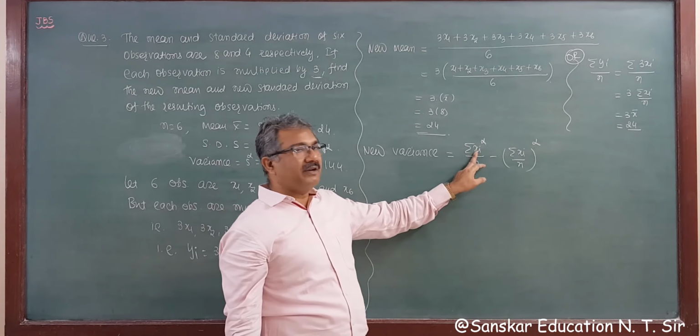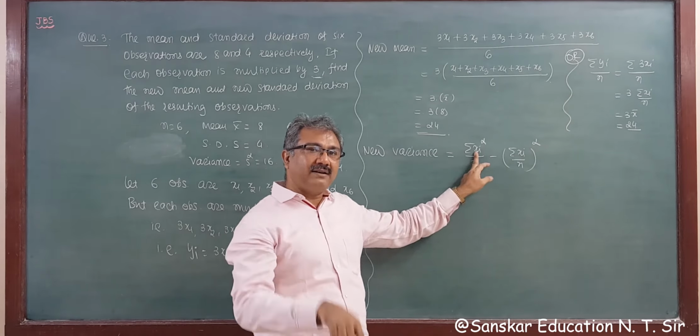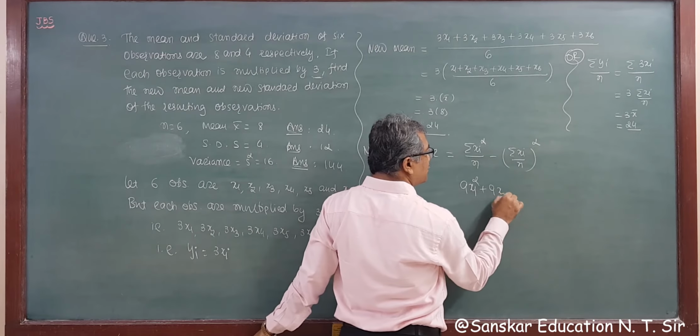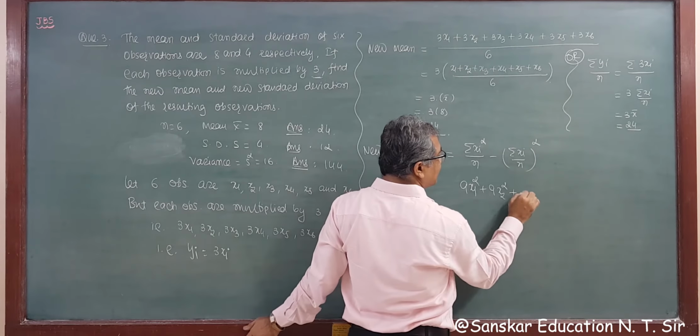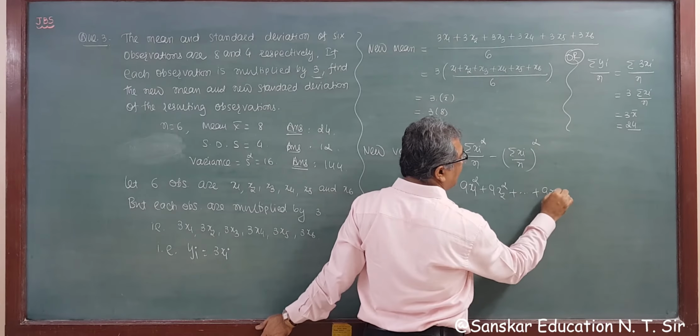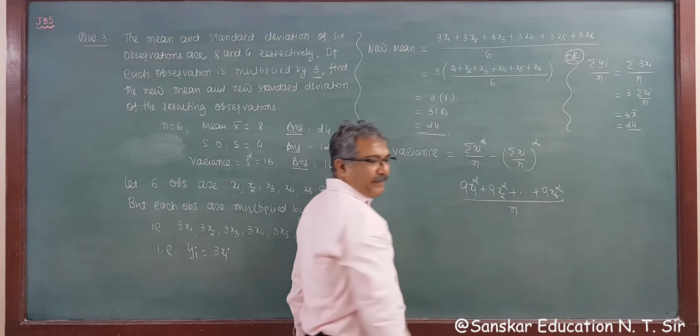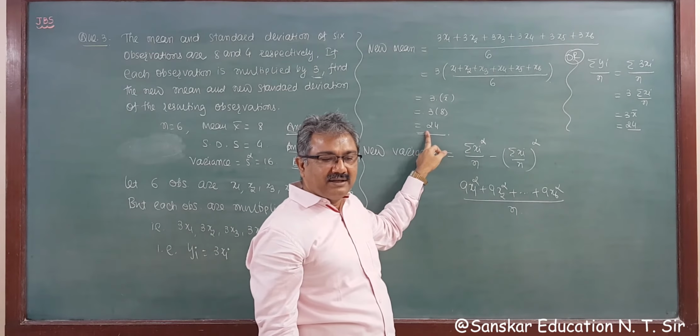So sigma xi square means the sum of the observations squared, that is 9x1 square plus 9x2 square plus 9x3 square plus 9x4 square and so on up to 9x6 square, divided by n, minus sigma xi upon n, which is 24 square, right?